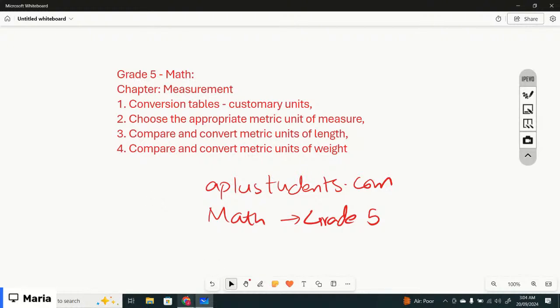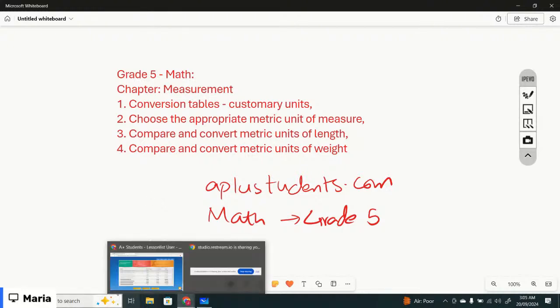Basically, that's the second lesson from the measurement chapter. That's why that is measurement 2.